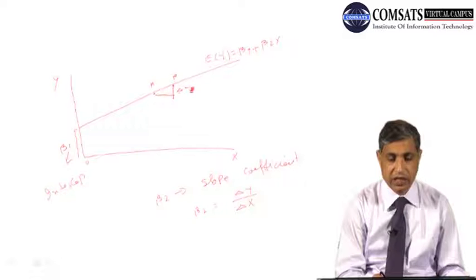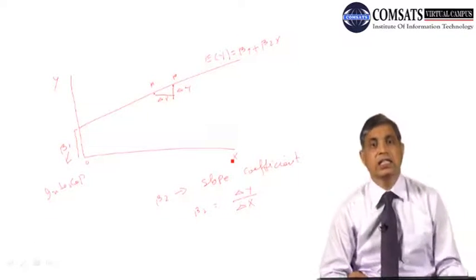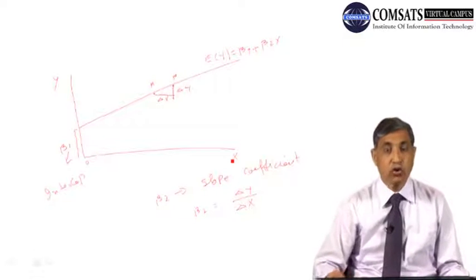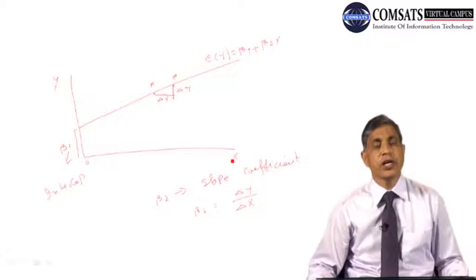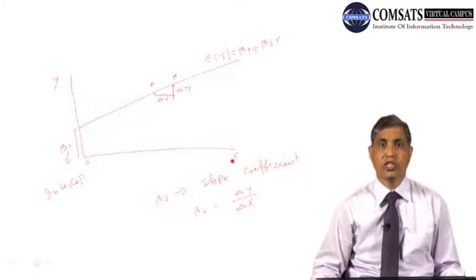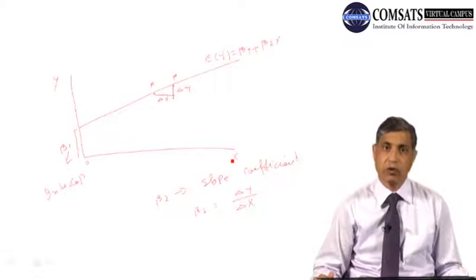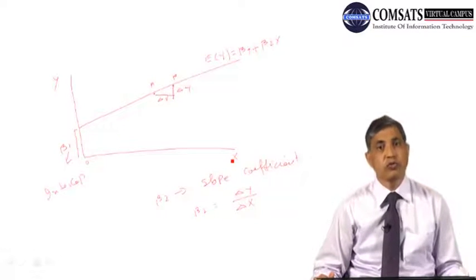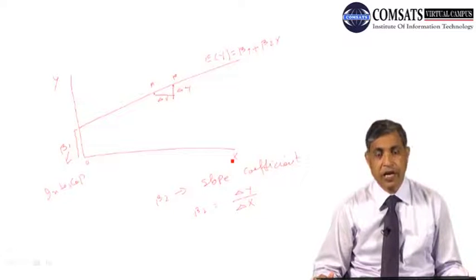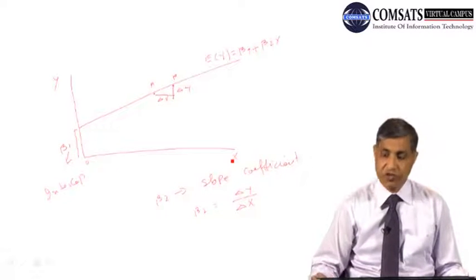This is delta y change and this is delta x, because it is on the x-axis, and this is on the vertical axis. So we will be talking a lot about these coefficients beta 1 and beta 2, but that's why I am making you clear about this. First, beta 1 is the intercept and beta 2 is the slope coefficient.